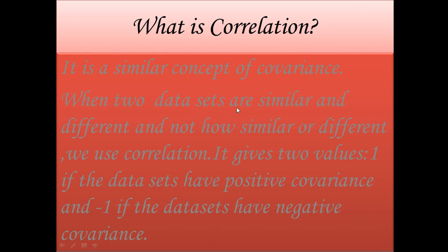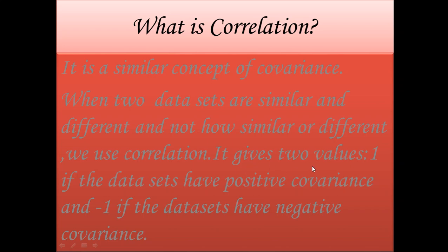When we need to know whether two data sets are similar or different, and not how similar or different, then we use correlation. Correlation is meant to tell whether two data sets are similar or different.